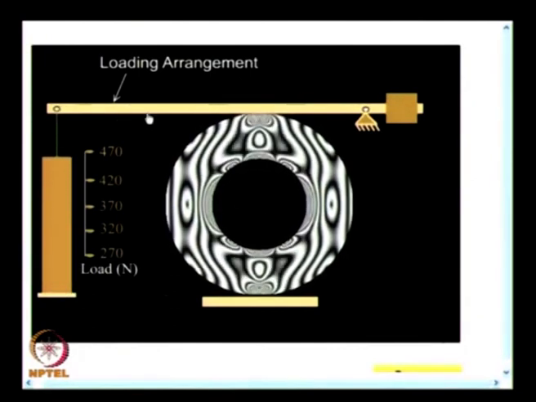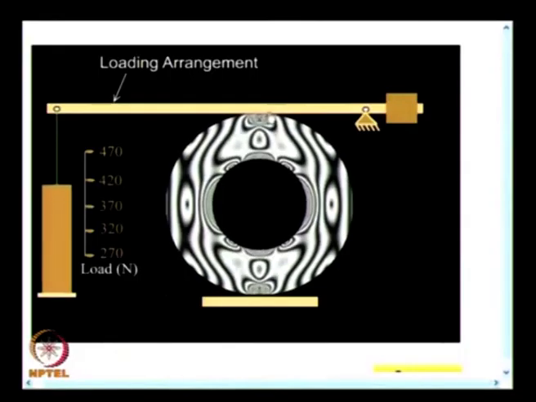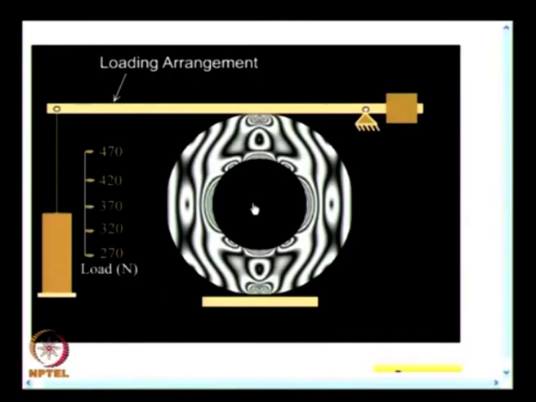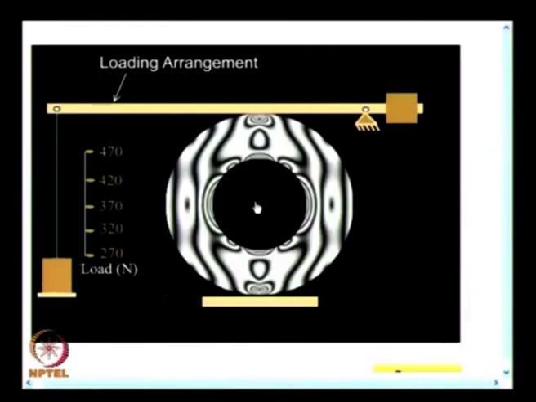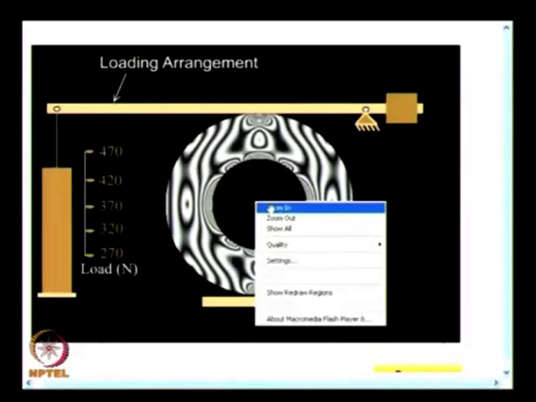This is a lever arm loading frame, and as the load is varied, fringes are developing and moving, and the idea is to just look at the fringe field, see for a few minutes. You need to see what all special features you look at. Very interesting things are happening. I want to take out this portion and then see what it is that you observe.